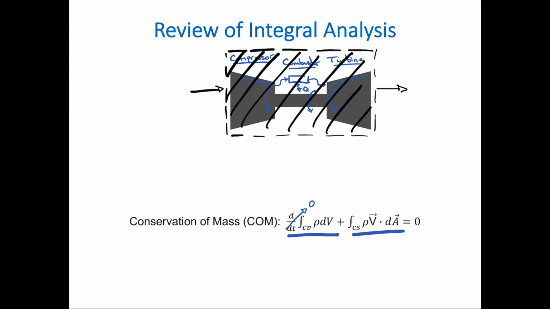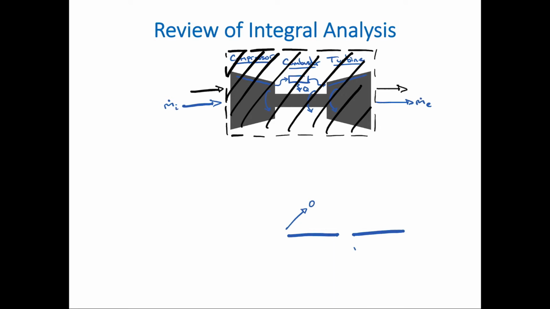If we have mass entering and exiting the system, say we have mass flow m dot in, and we have mass flow exiting the system, then the continuity equation here is our mass exiting minus our mass at the inlet is equal to 0.